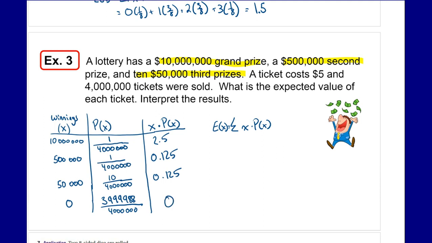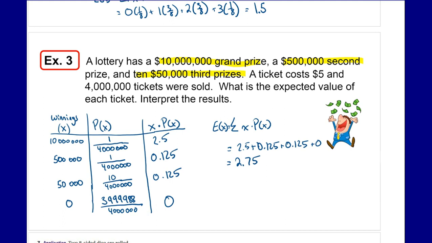So when we add them all up, our sum, 2.5 plus 0.125 plus 0.125 plus 0 works out to $2.75.